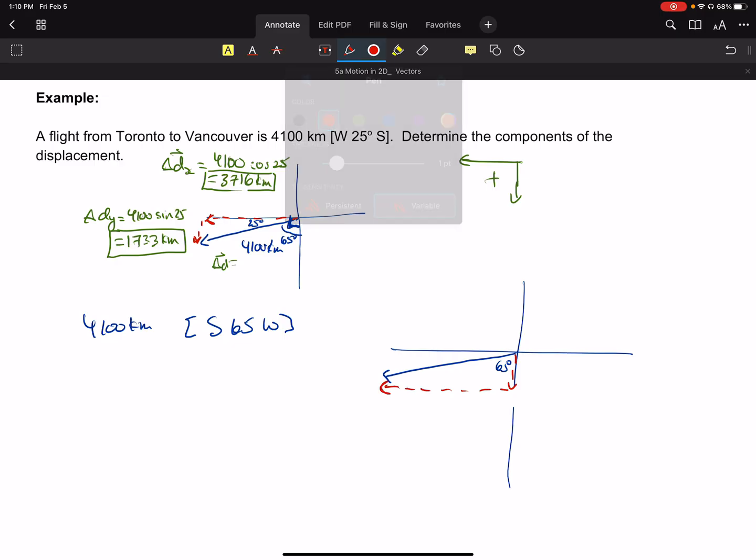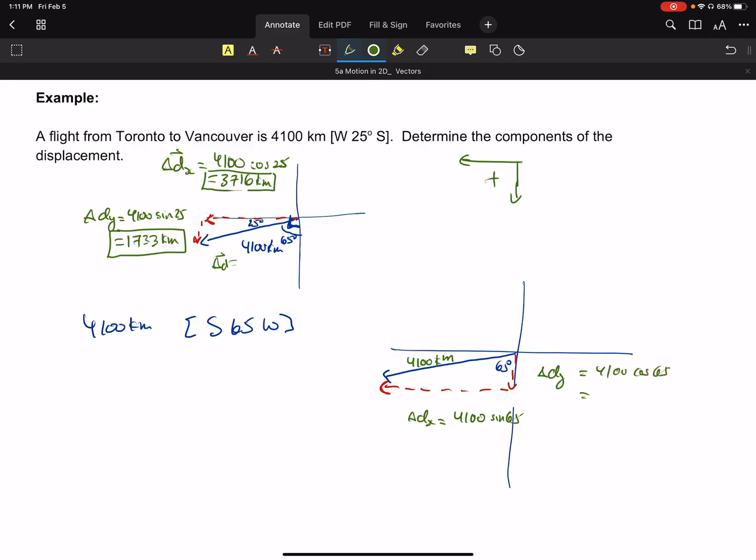Now, why I'm showing this to you is I don't want you to pick up some bad habits. This is the y part and this is the x part. Notice the x here is 4,100, and the x here is the opposite. So it's going to be 4,100 sine 65, and this is going to be 4,100 cos 65.